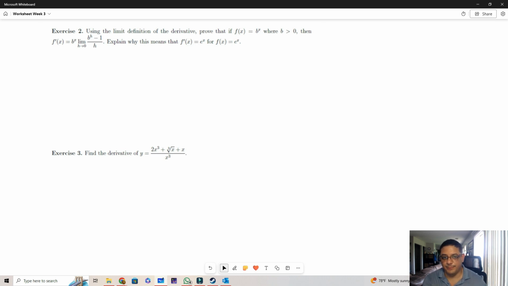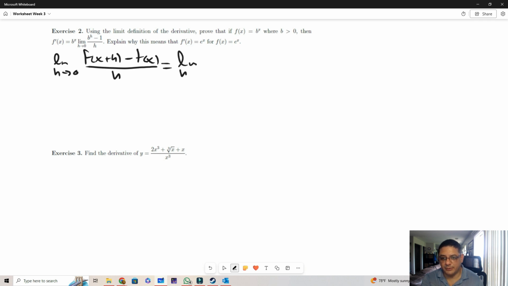Let's prove that if f of x is b to the x, where b is bigger than 0, then f prime is gonna be b to the x times this limit. And this is just a consequence of the definition, because if we have the limit when h goes to 0 of f of x plus h minus f of x over h, then what is this?